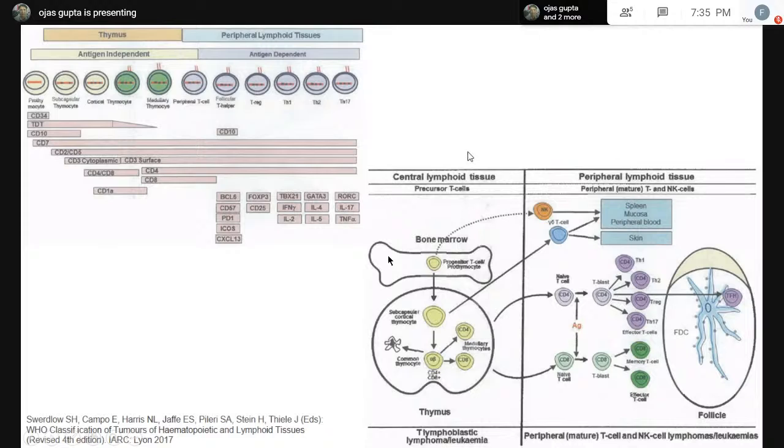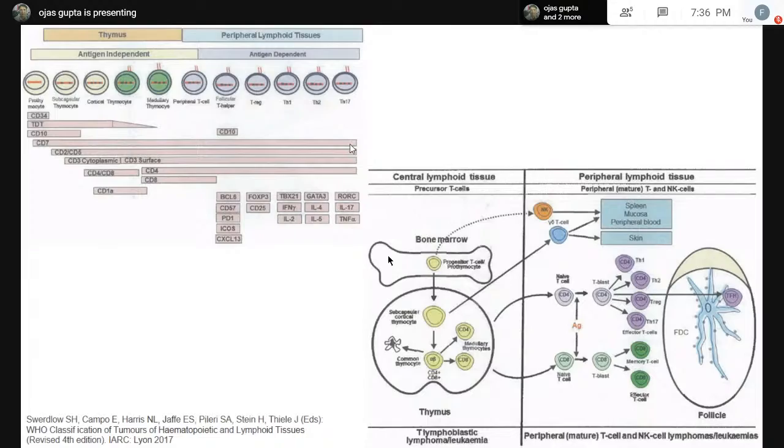Here also we can see that germinal center markers, which are specific for follicular helper T cells, are positive in these T cells, that is CD10 and BCL6, and the rest of the T cells have their specific markers which are recognized. For example, T regulatory cells have FOXP3 and CD25. Also, we should understand that CD7, which is a pan T cell marker, is also helpful in our immunohistochemistry or flow cytometry.